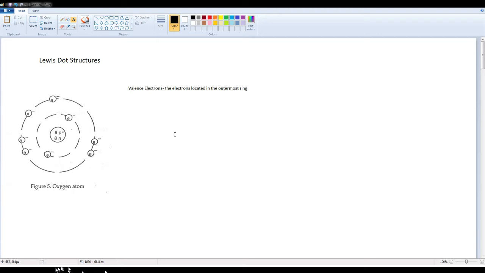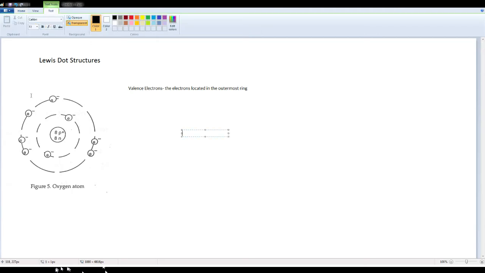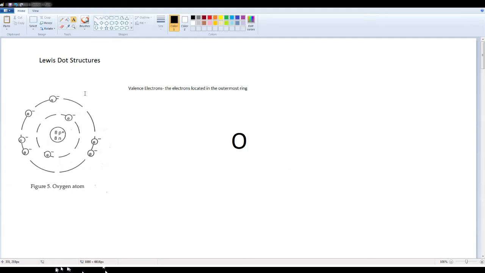If I look on the periodic table, oxygen's elemental symbol is just O. We're going to put several dots around that oxygen to let us know how many electrons there are. Each black dot represents 1 electron.